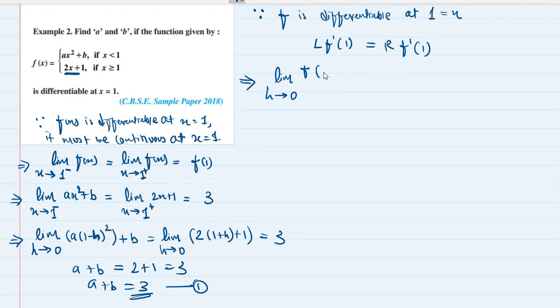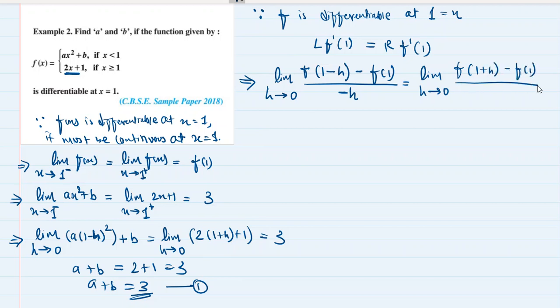It is f of c minus h, so f of 1 minus h minus f of c, the whole upon minus h, is equal to limit h tends to 0. Now we are approaching 1 from the right hand side, so it will become f of 1 plus h minus f of 1, the whole upon h, correct?